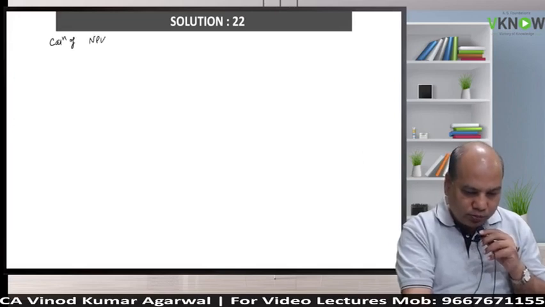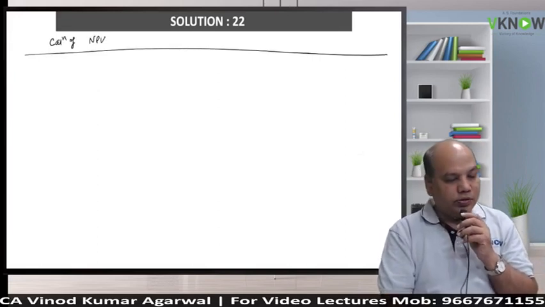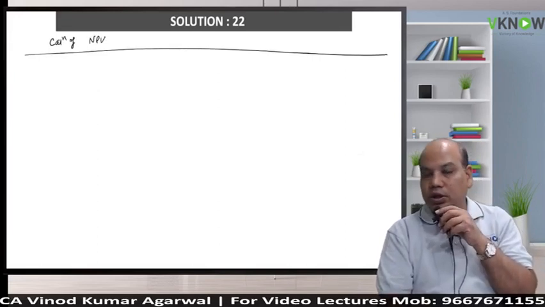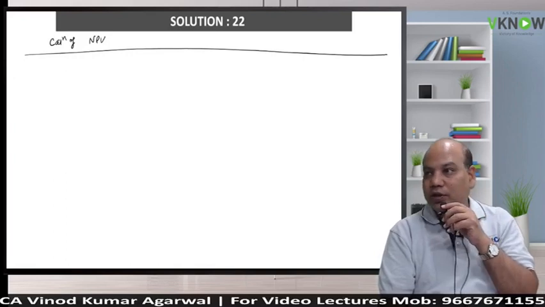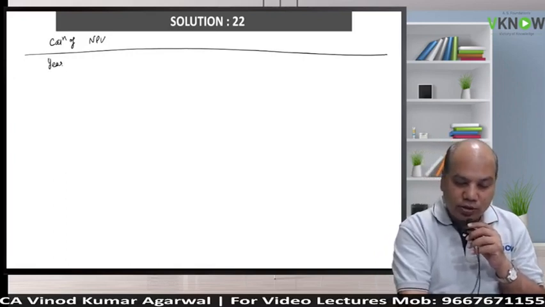Calculation of NPV. So this I have to solve 2 times, one at 15% discount rate and one at 10%. Can I solve in the same table? Yes, because we don't have to write same thing again and again.